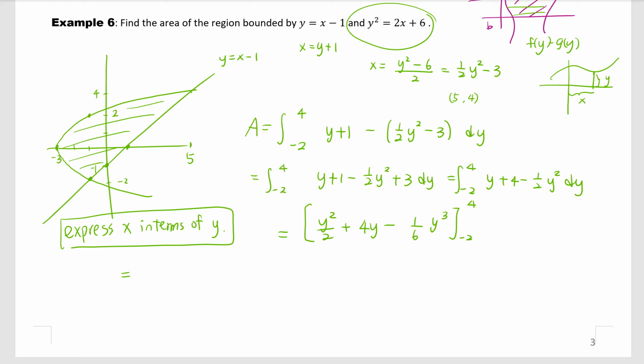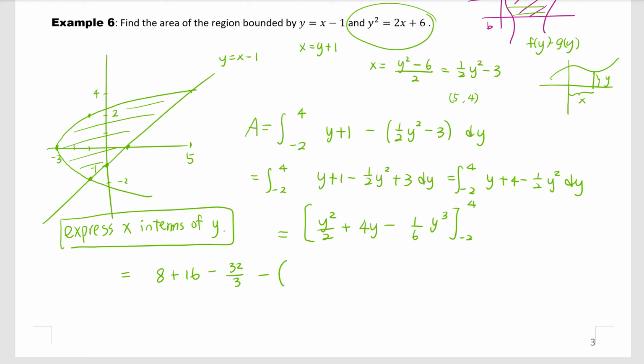Which means we plug in 4 first. 4 squared is 16, 16 over 2 is 8. 4 times 4 is 16. 4 cubed is 64, 64 over 6. There's a common factor 2, so that's 32 over 3.